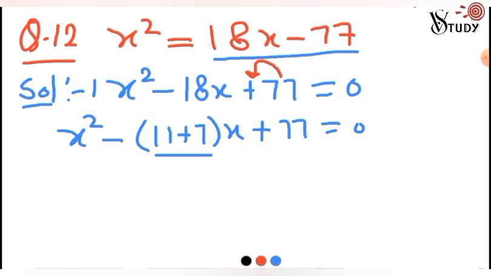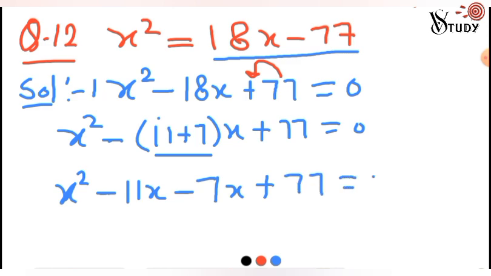When both positive numbers are multiplied by this negative sign, they also become negative, like this. X square, this negative multiplied by positive 11 makes it negative 11x. Negative times positive 7 gives negative 7x plus 77 equal to 0.